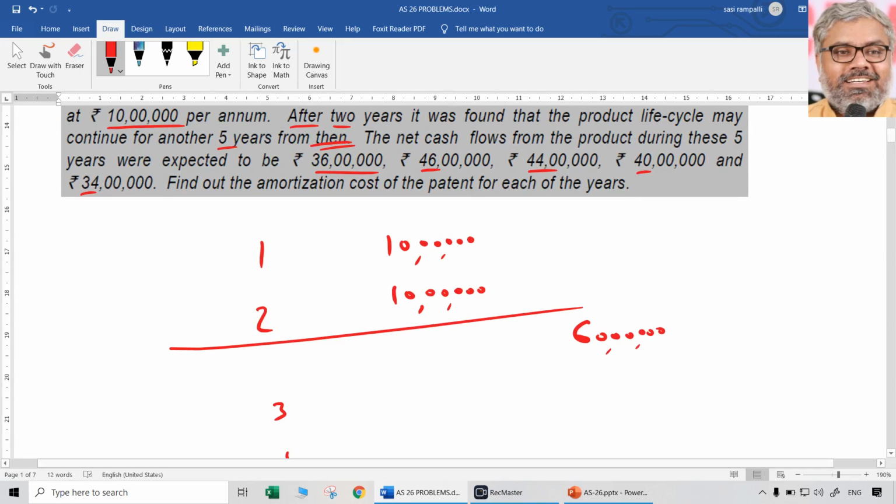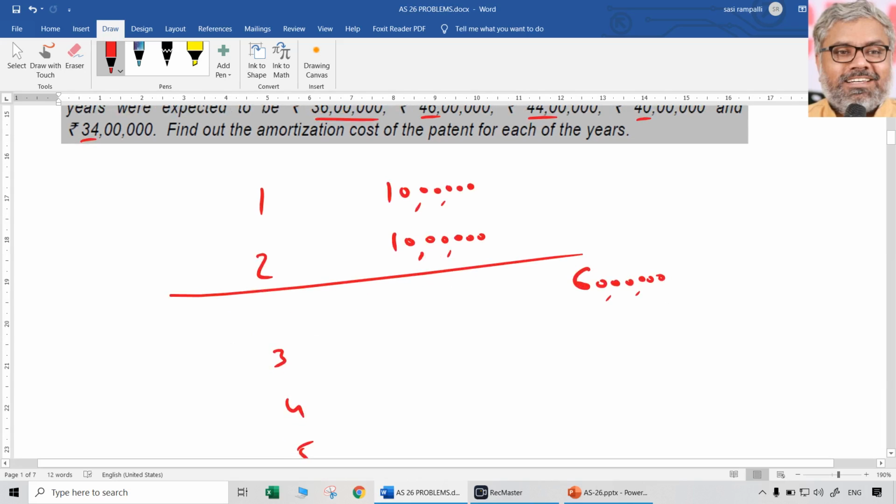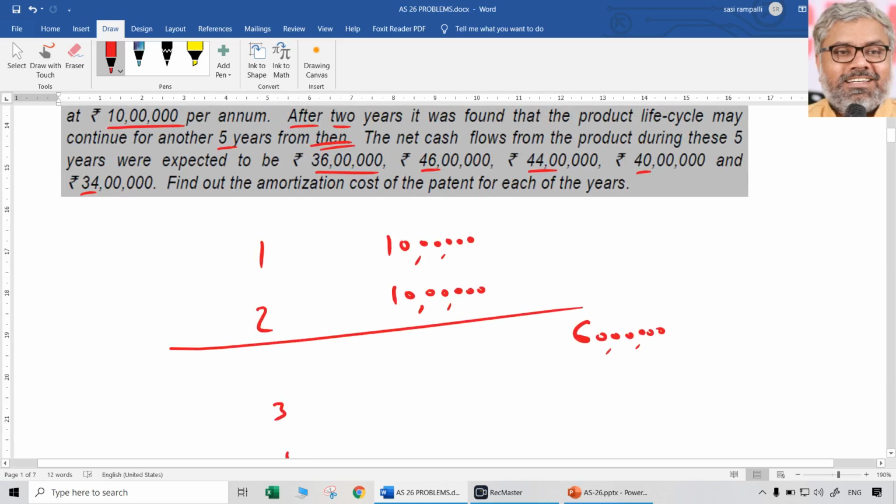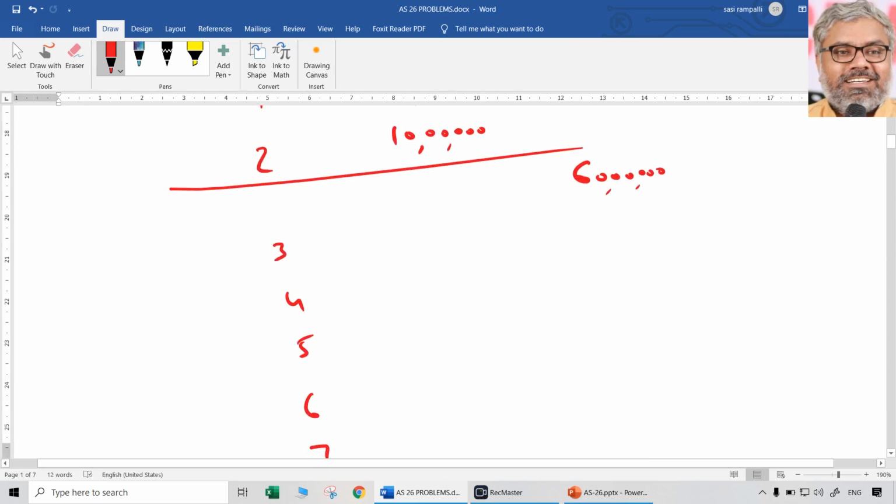So what is the total of this? 36, 46, 44, 40 and 34 means 200, right? So 60 lakhs divided by 200 into each of the years. 36 means third year amortization will be 10 lakhs 80,000.